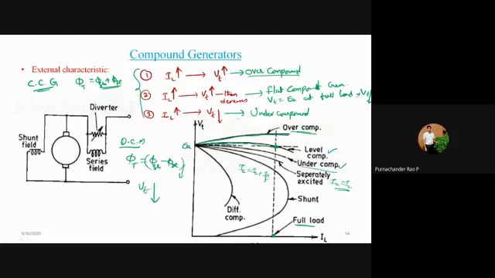All these are with respect to Ia. And you can observe this is for the differentially compound generators. These have a very huge voltage drop because the net flux will be very less.